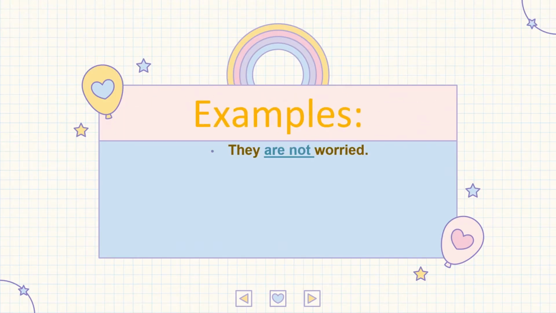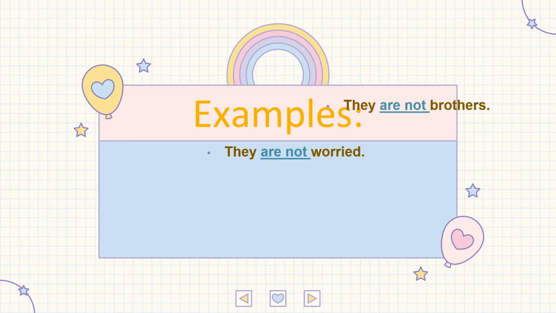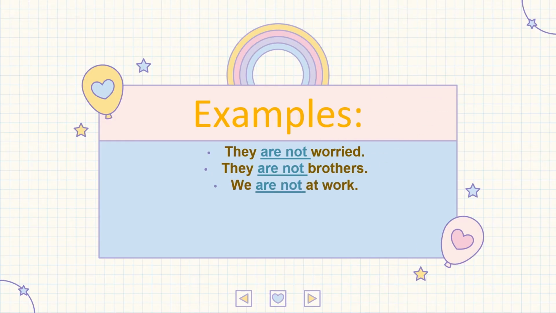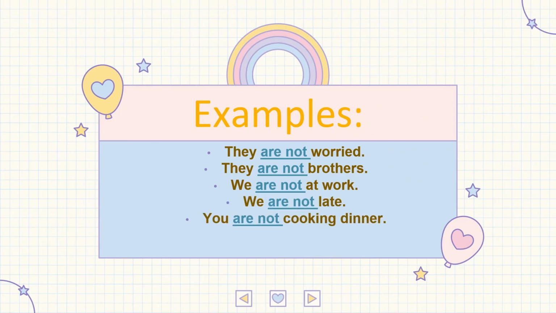Examples: They are not worried. They are not brothers. We are not at work. We are not late. You are not cooking dinner. You are not listening to me.